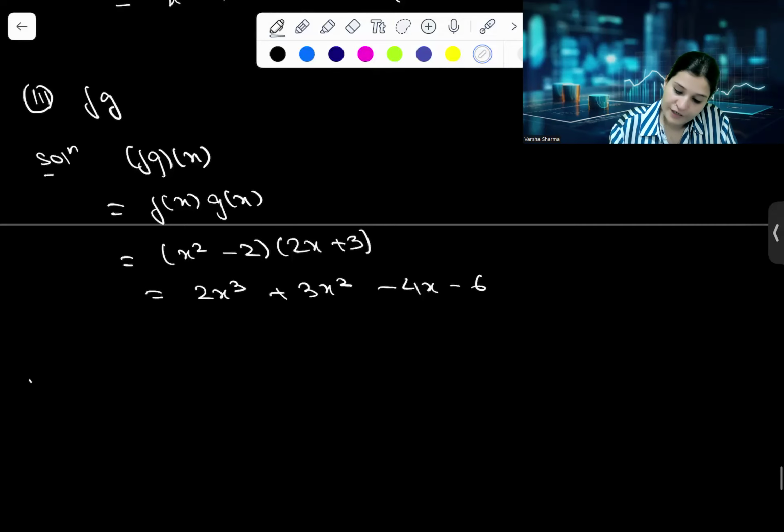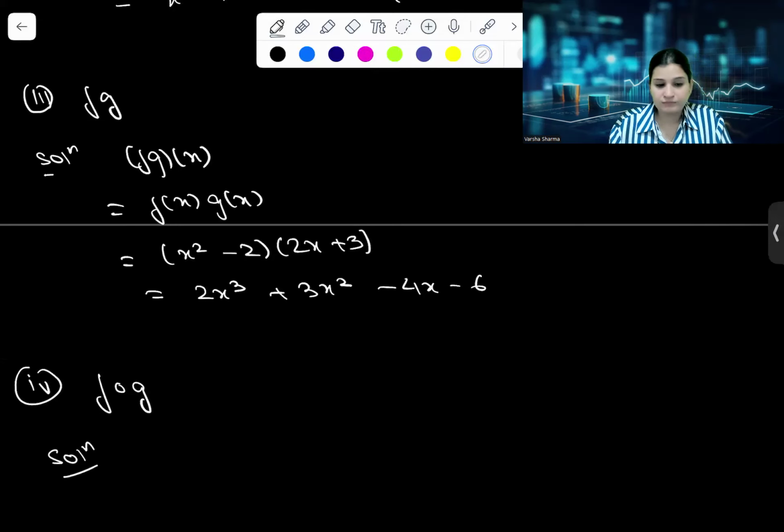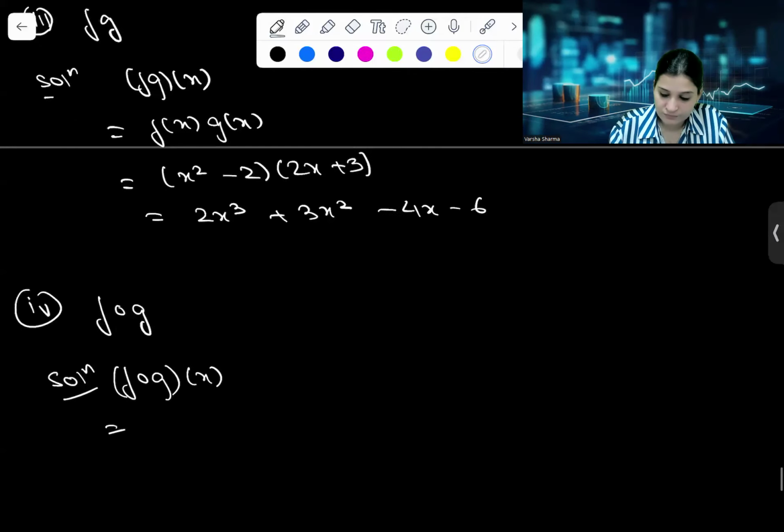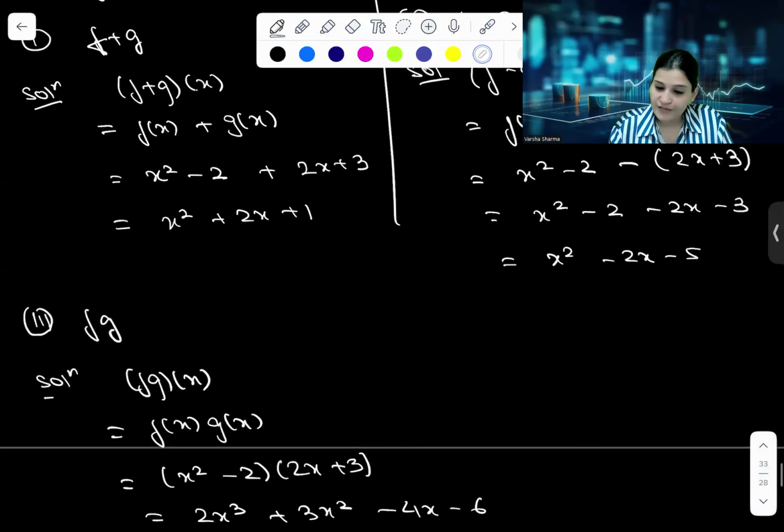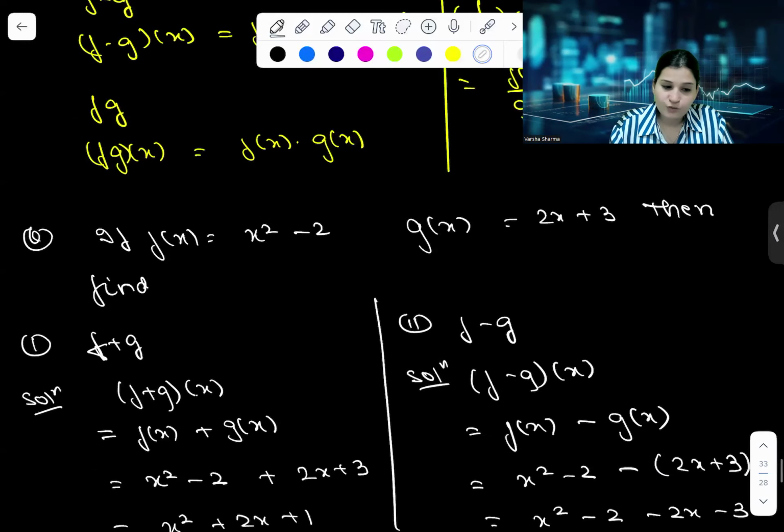So if I ask you to find out f composite g, what will we do? F composite g of x. So g of x first, and the answer that I get, I'll put it in f. Now g of x would be 2x plus 3.